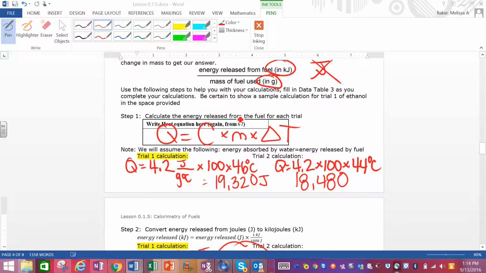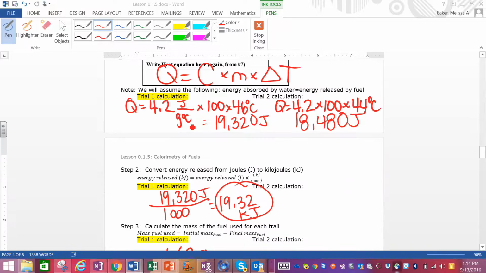18,480 joules. So I'm going to need to divide that by 1,000 here. 18,480 divided by 1,000 is 18.48 kilojoules. I'm just going to write that I divided it by 1,000. Show my work there.